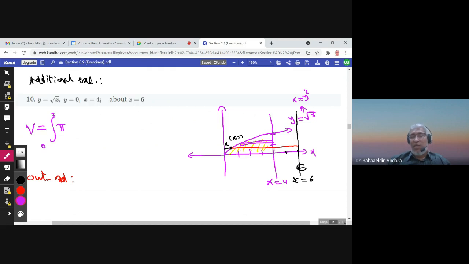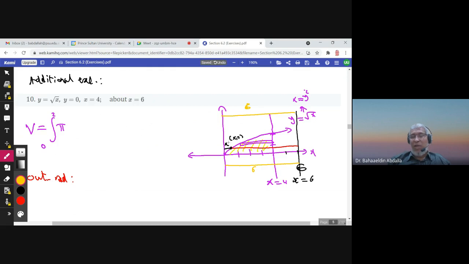But I need the red distance. Well, this line has equation x equals to 6. And the distance from here to here is fixed. It is always 6. So this distance is 6.